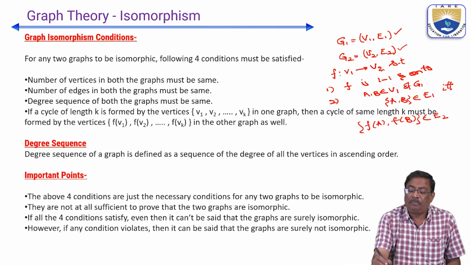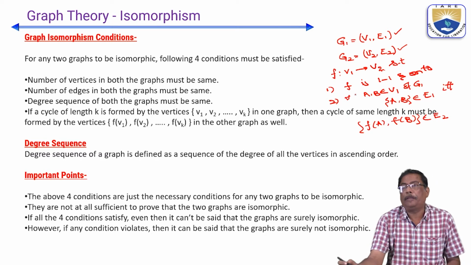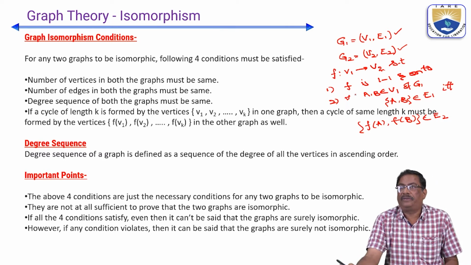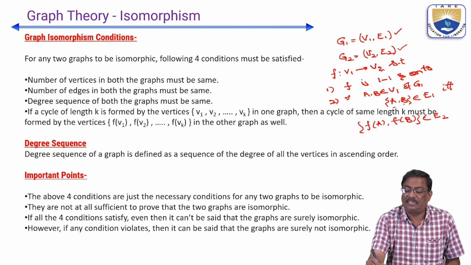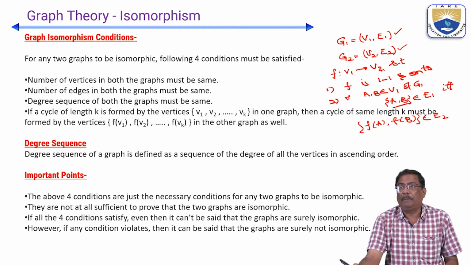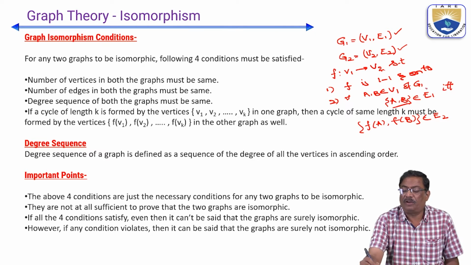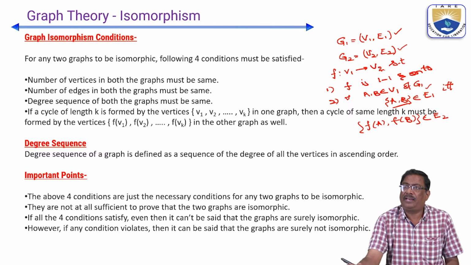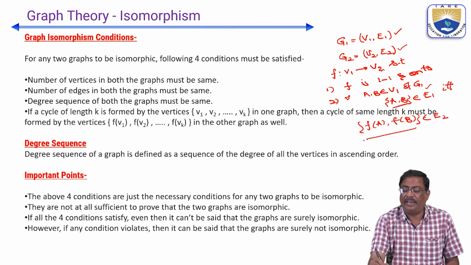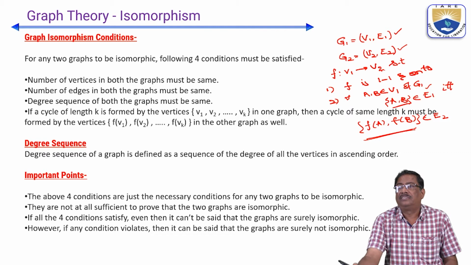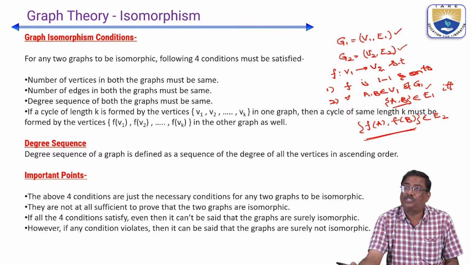Second, for every pair of vertices A, B in V1, if there is an edge AB belonging to E1, there corresponds an image edge f(A), f(B) belonging to E2.